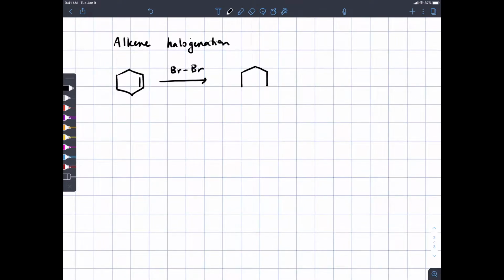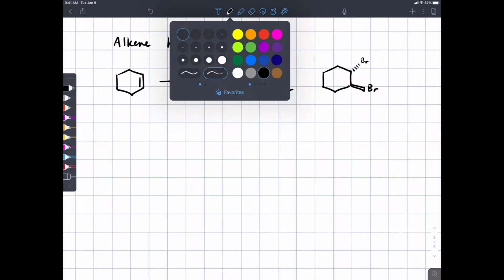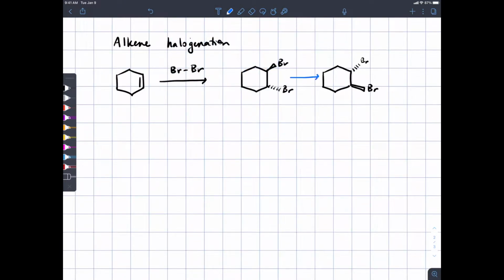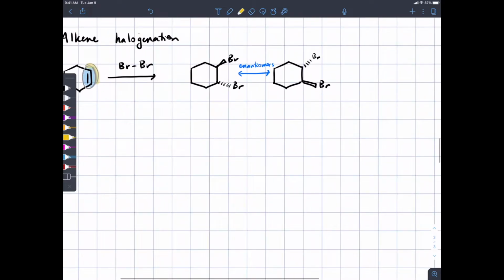The product that we're going to get is exclusively the anti-diastereomers, and we'll get both of these enantiomers because, as before, whether we attack from above or below doesn't matter if we're using an alkene where the HOMO is the pi bond that's evenly distributed on both the top and the bottom face of the double bond. But do you see how these are both anti products?